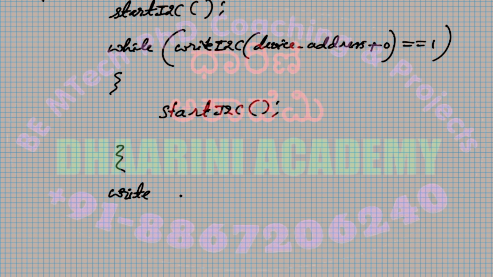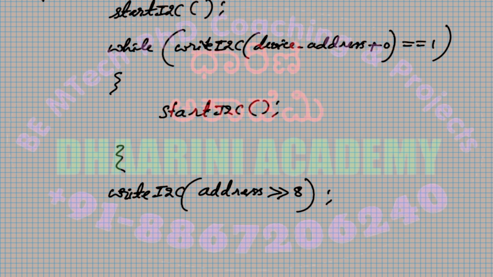That is write I2C of address, correct? Address shifted by 8 units. The address locations will be directly sent, so the address will be shifted by this much amount. That address will be passed on to the EEPROM.